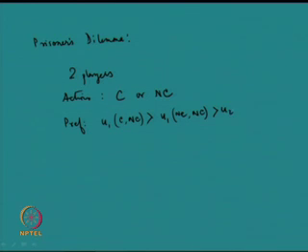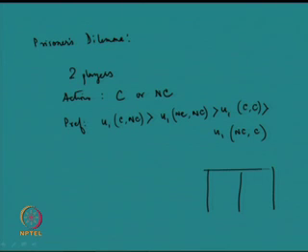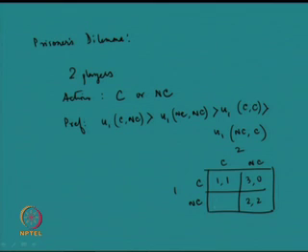This is better than both confess, and the last, the worst case, is he does not confess and the other player confesses. This is for player 1. Likewise, there will be for player 2 also. And if we attach numbers to these payoffs, we get the following payoff matrix. This is the payoff matrix. So, this is how the prisoner's dilemma game is defined.